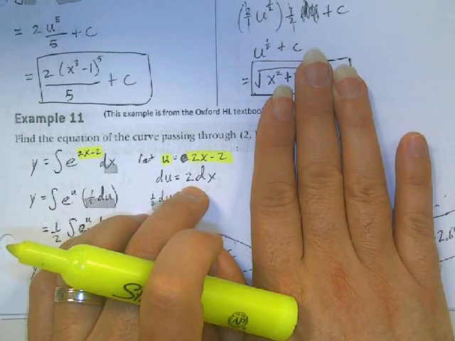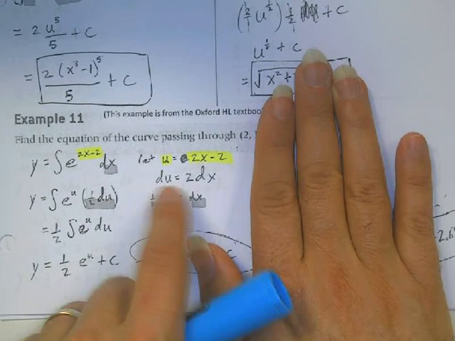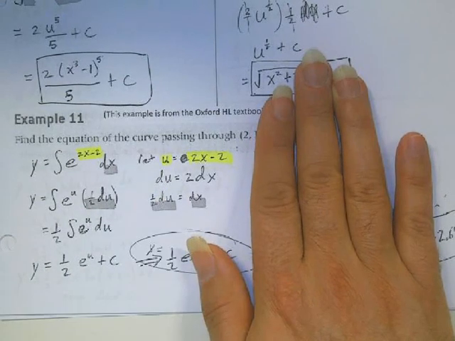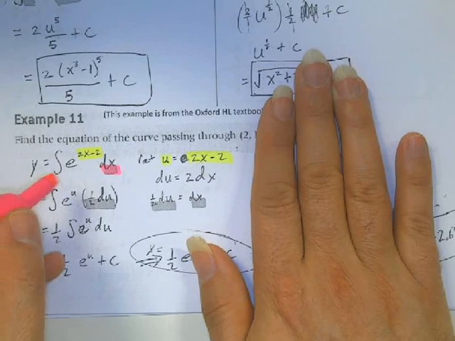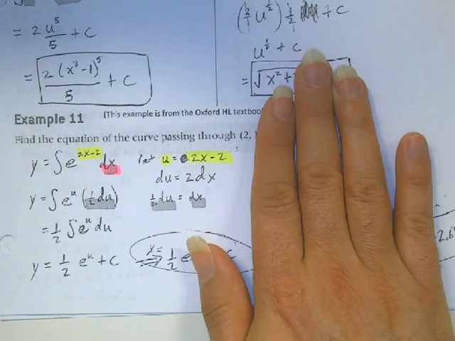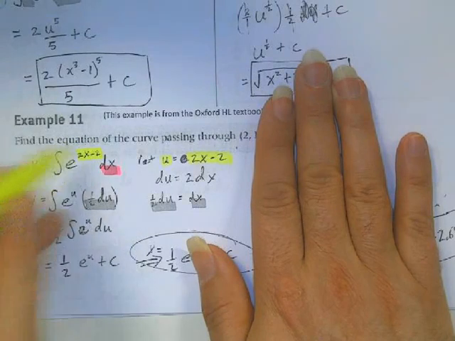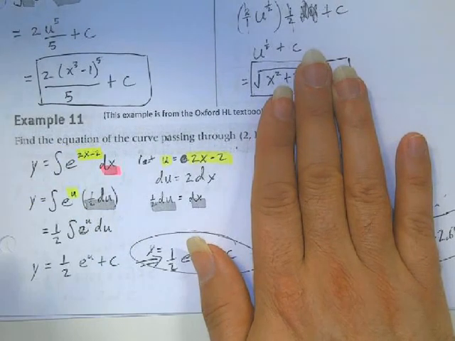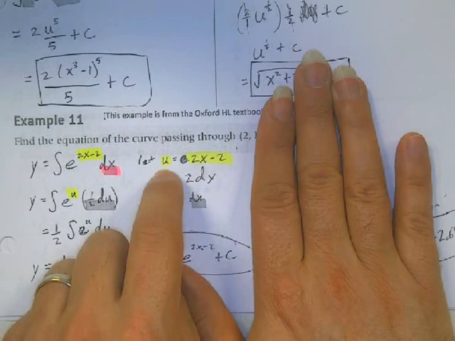And so then we want to make a substitution. We want to get rid of this dx, and we want to turn things into du, because I'm going to replace the 2x minus 2 with u, and so the derivative of u is du.